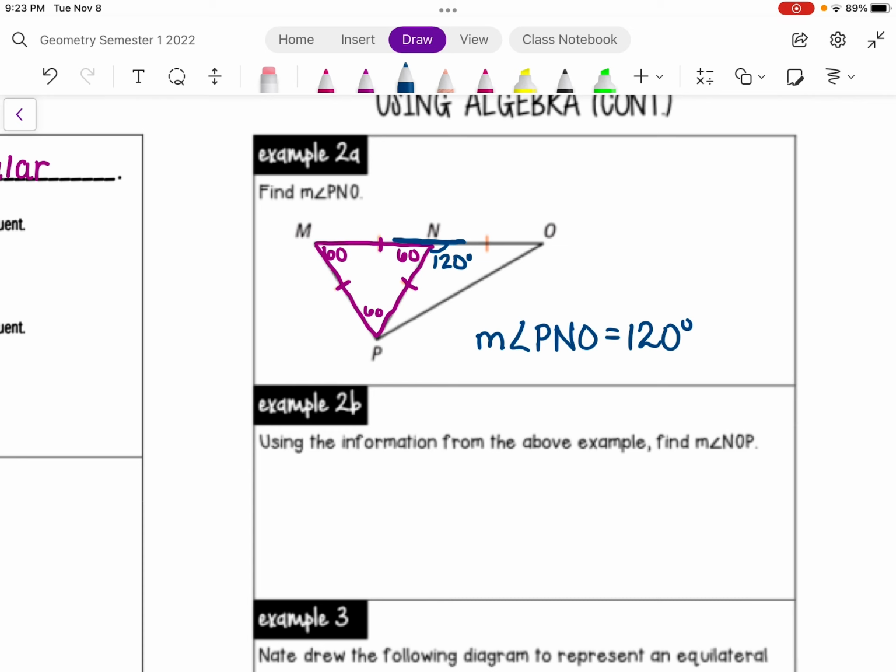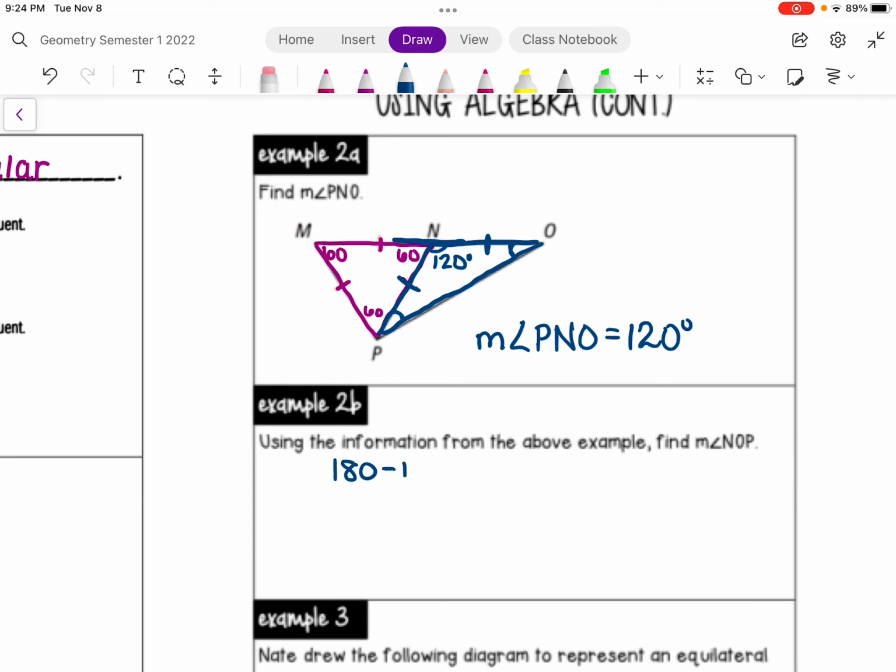All right, using that information, can we figure out what NOP is? This is going to take a little bit of logic here. So let's see if you follow me. I have this little tick mark and this tick mark saying that they're the same. So this angle must be equal to that angle. And I know that the other angle is 120.